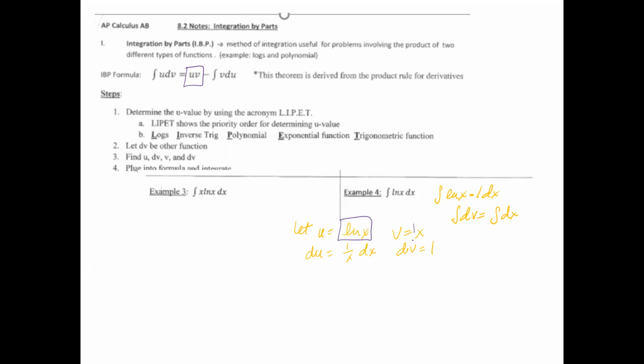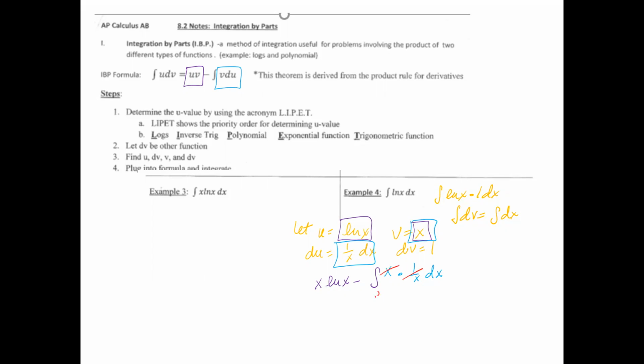So u times v is x ln x minus the integral of v times du. So x times 1 over x dx. And the reason why I want v to be x is so I can counteract the 1 over x dx. So that way I can cancel it and make this a little bit easier to integrate.